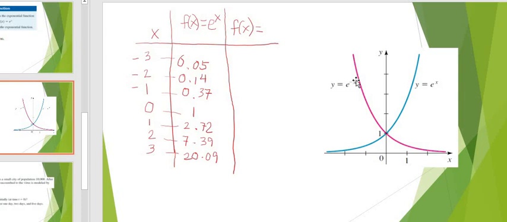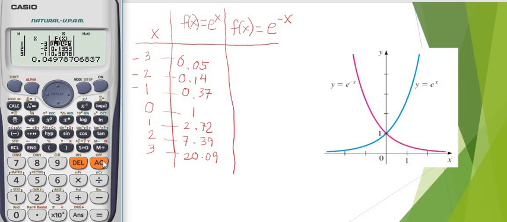And when our f of x is equal to e to the power of negative x, again we'll be using our calculator. We'll simply add a negative sign. Again we'll start with negative 3, end with 3, and our step is 1.